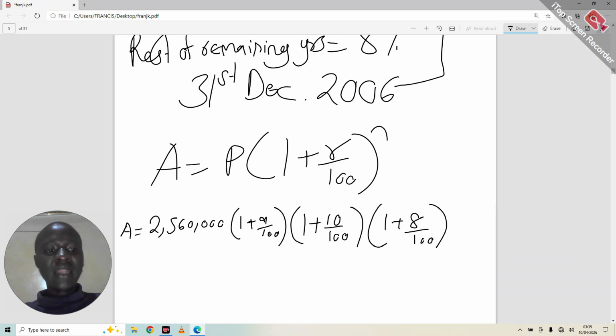So taking 7 minus first and second year, what are we remaining with? 5 years. So within these 5 years, each and every year, the land is appreciating by 8%. All right, so let's have that in our calculator. So 2.56 million into 1 plus 9 all over 100, 1 plus 10 all over 100, 1 plus 8 all over 100, then power 5.